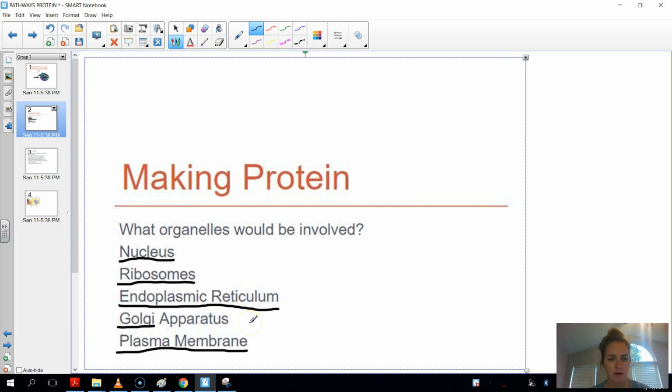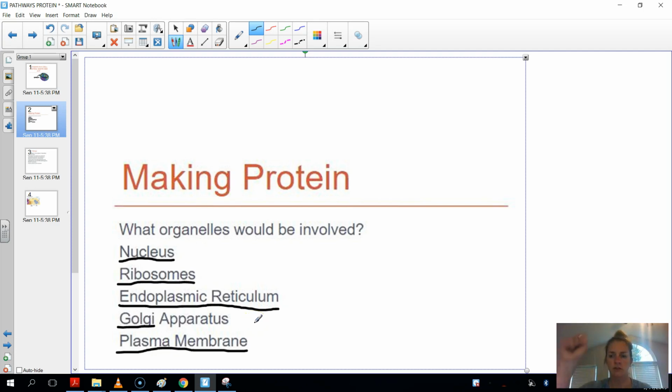And they do not work in isolation. They work with each other, kind of like when you have different players on a team, and each player has a specific role in getting a goal or a basket, and so they work together for that common function of scoring. Same thing here. These are working together for a common function of making protein.